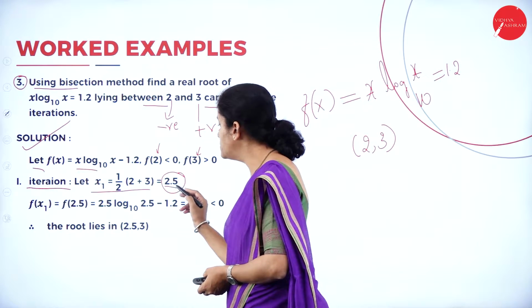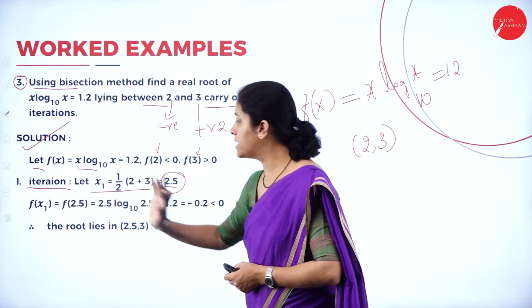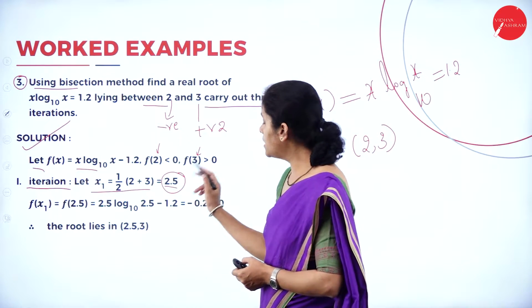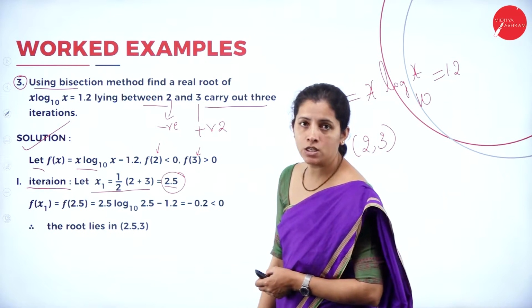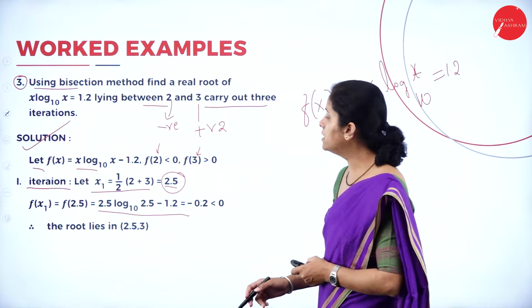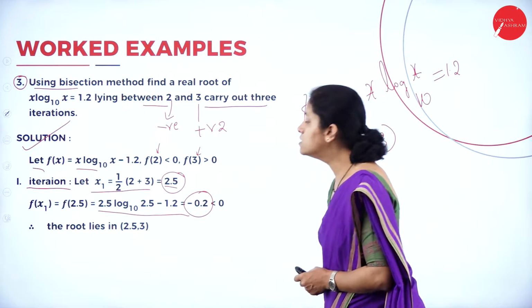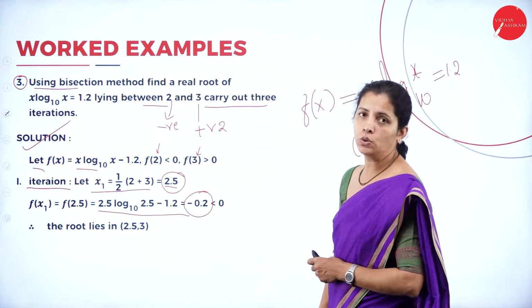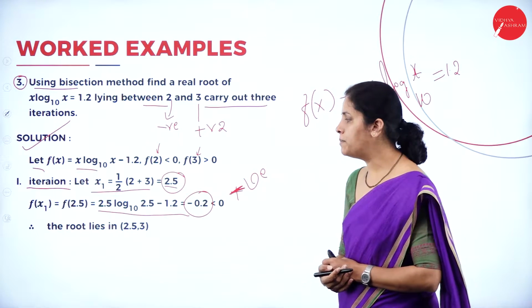I am going to substitute this x1 in my f of x1. After substituting, I get the answer minus 0.2, which is a negative number.